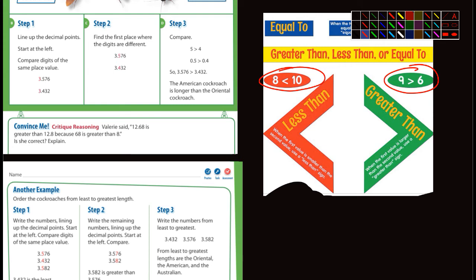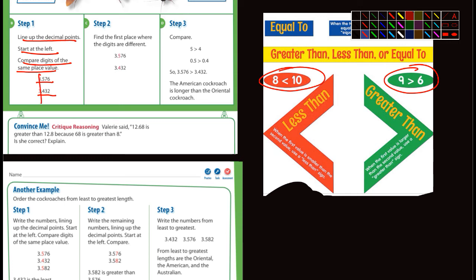That'll help you remember. Anyway, step 1, it says line up the decimal points and then start at the left and then compare the digits of the same place value. So they've got a 3.576 and a 3.432. So the 3's are the same, so we're not going to worry about those. But then we see a difference here.